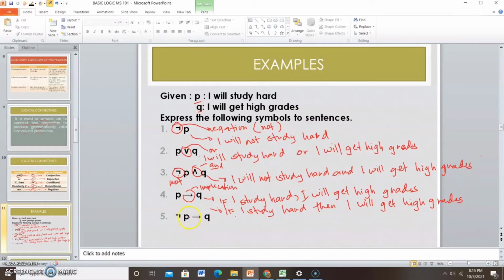And number 5, with not P. This symbol is biconditional.